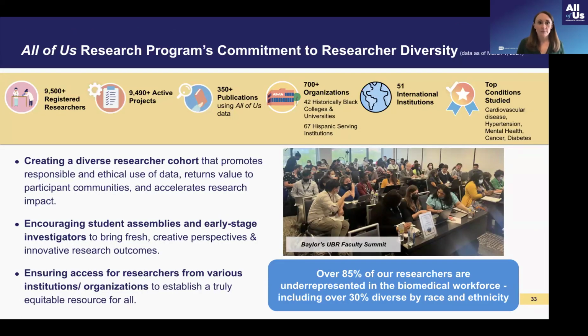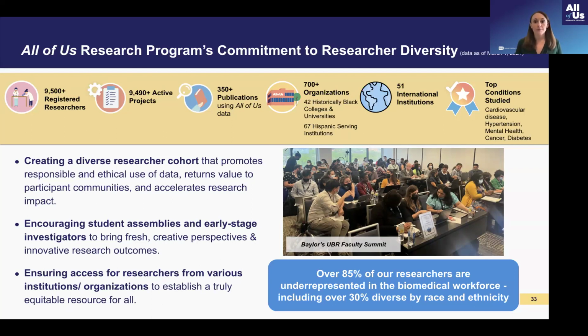We have just hit the 10,000 mark. So we have 10,000 registered users using our data. This slide's a little bit out of date. We are really pushing for researcher diversity as much as we're pushing for participant diversity.